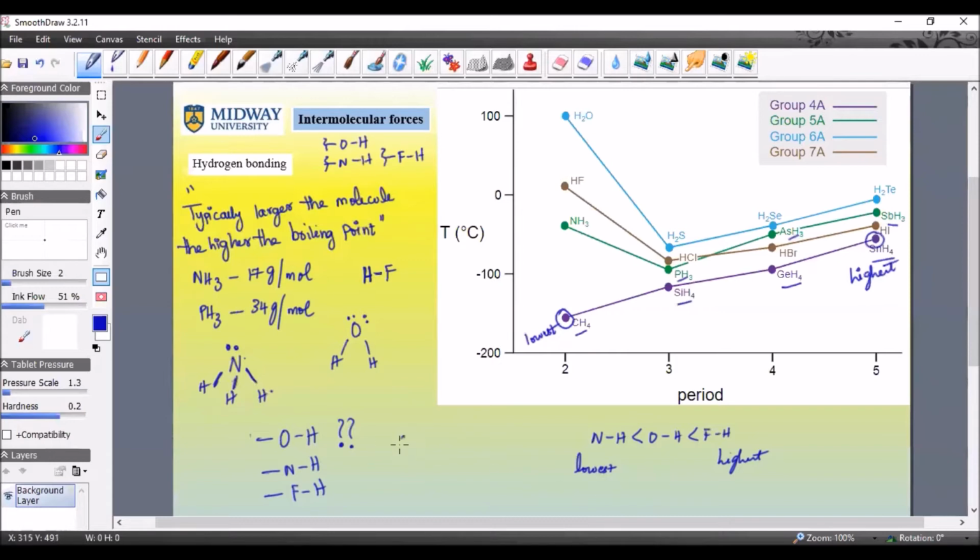For instance, if I take methanol versus glycerol, which I showed the structure of earlier, methanol contains only 1 OH, whereas glycerol contains 3 OHs. So if you compare these two, glycerol would boil at a higher temperature because it contains 3 hydrogen bonding sites, whereas methanol contains only 1 hydrogen bonding site.